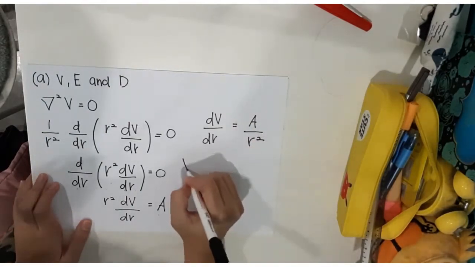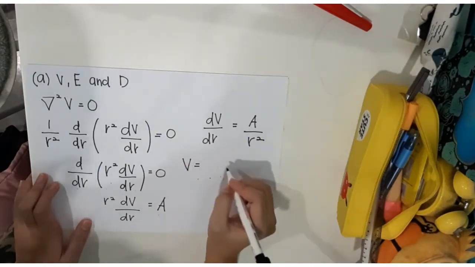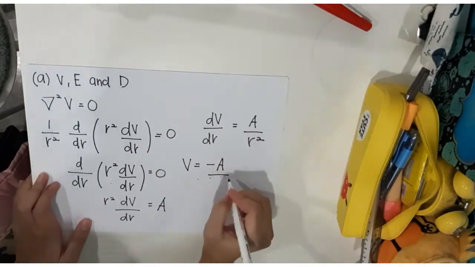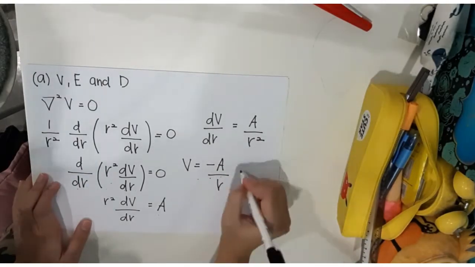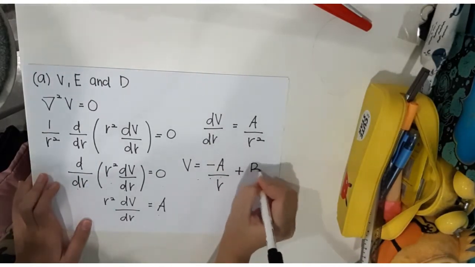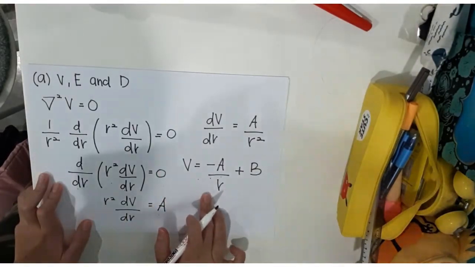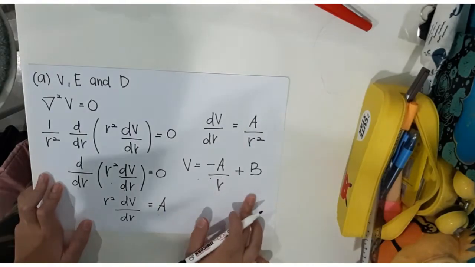And lastly V, we will get negative A over R plus B. In order to find equation V, we need to find the value for A and B.